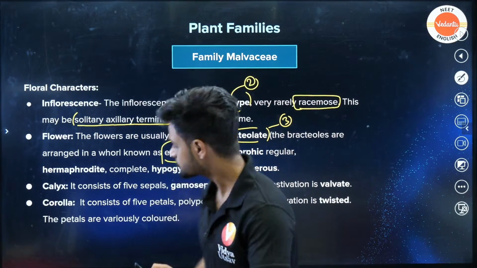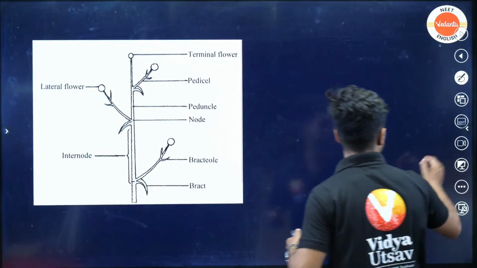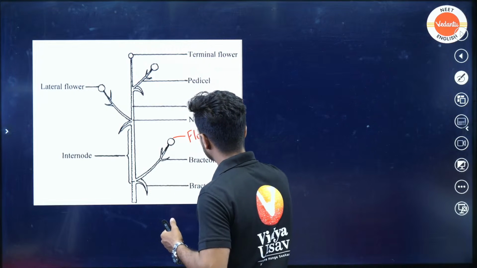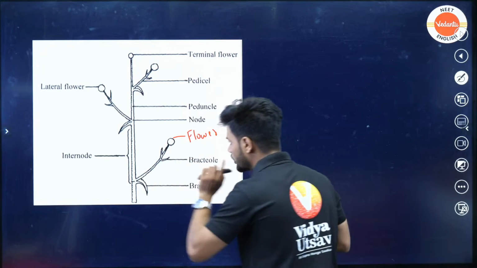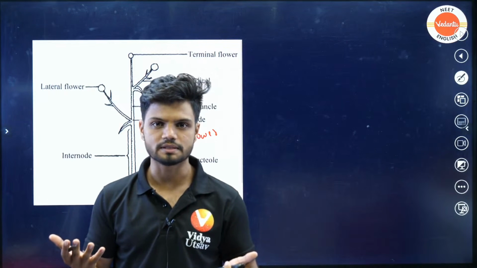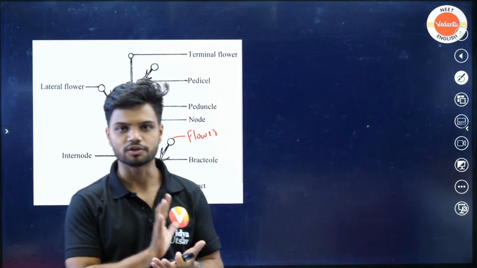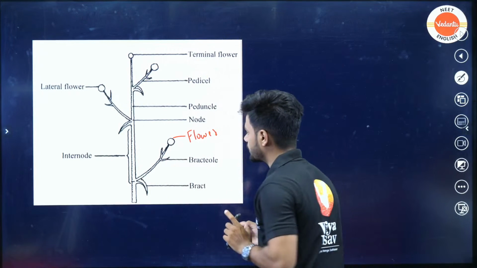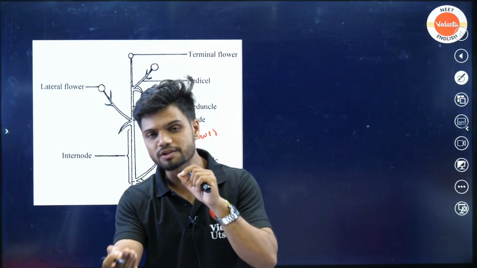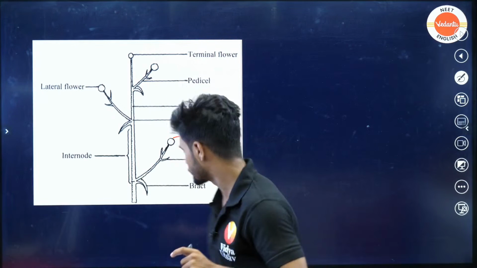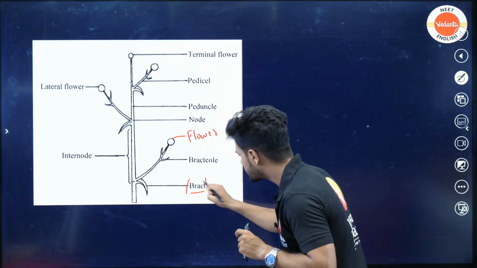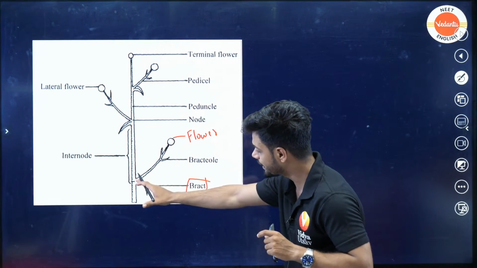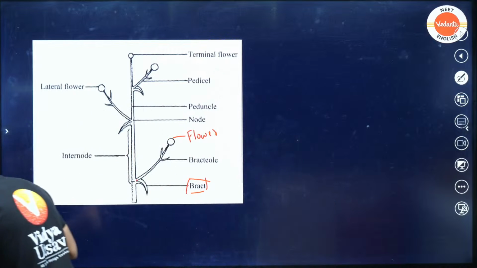Let me tell you again. If you look at your entire plant here, this is a flower. All of us know a flower has four whorls: calyx, corolla, androecium and gynoecium. Basic botany everyone knows. At the base of a flower, we have a leaf-like structure called a bract.